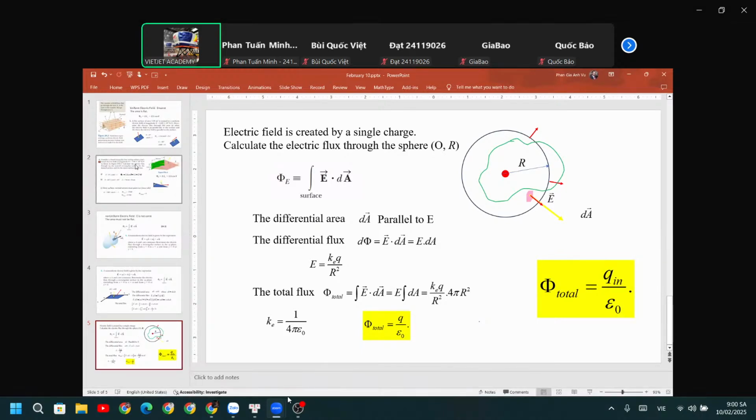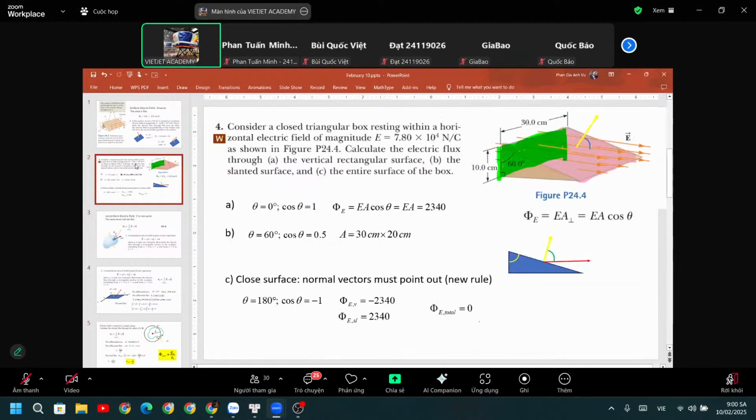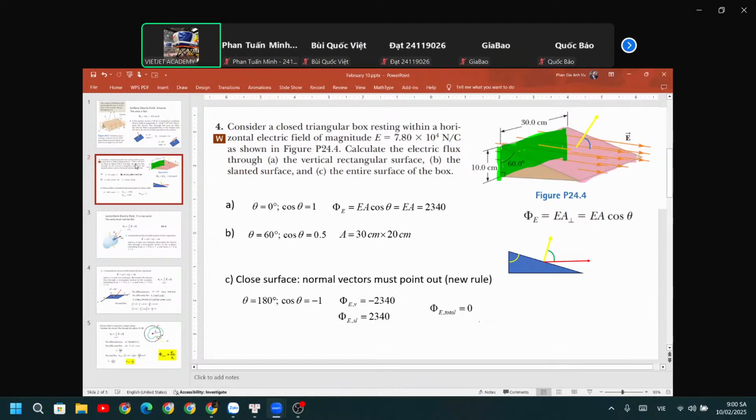Let's come back to the previous example here. What is the flux through the box? We calculated that, right? And the answer is 0. In the box like this, we have the 0 flux, right? Why? According to Gauss, there is no charge in the box, right? Then the flux is 0.